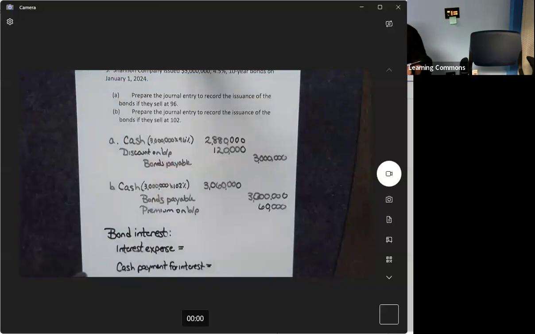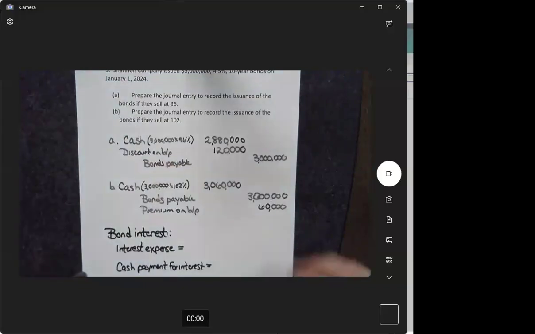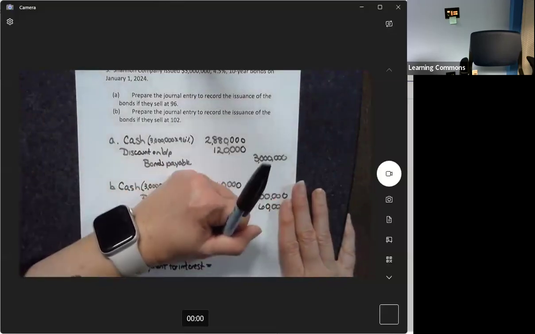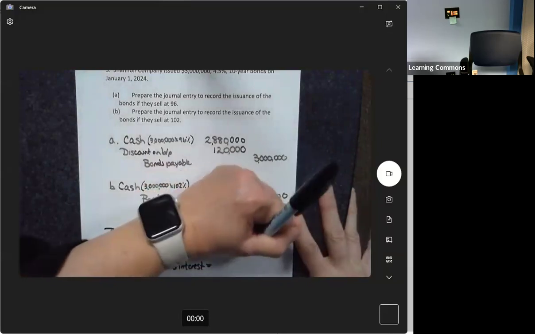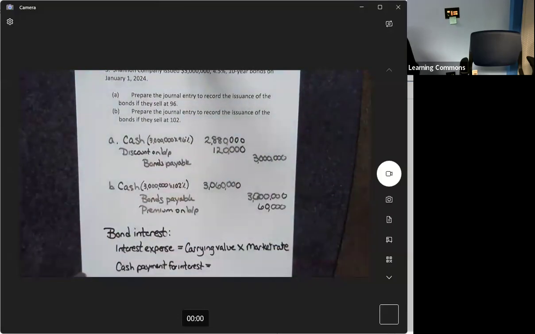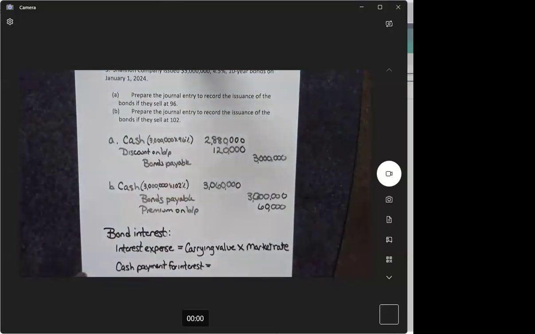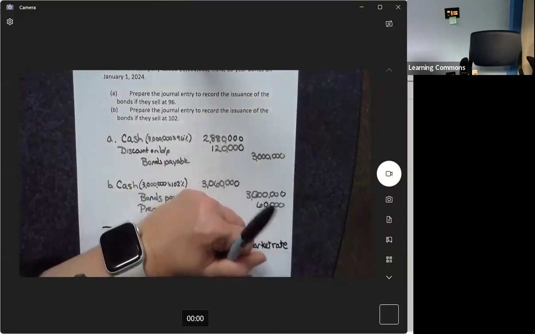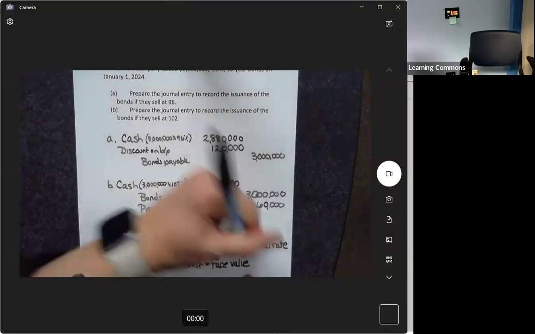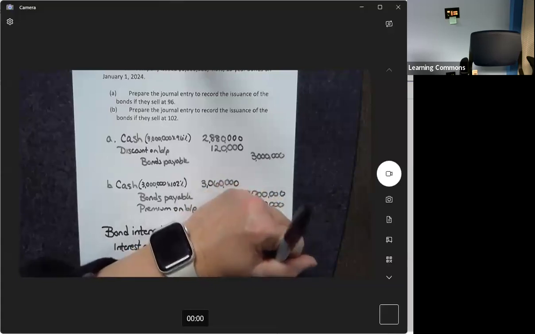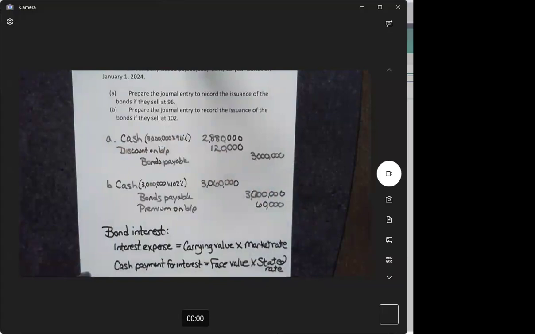Okay, when we're thinking about interest expense, the interest expense takes the carrying value of the bonds times the market rate of interest, whereas the cash payment for the interest is based on the face value of the bonds times the stated rate of interest.